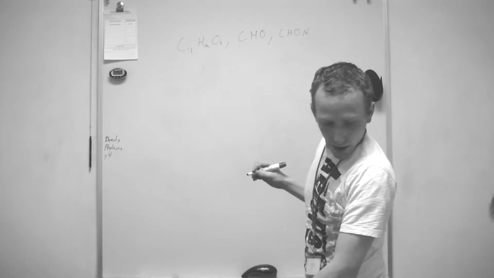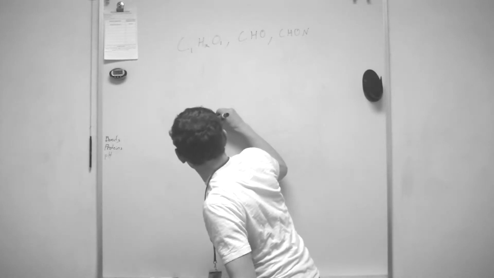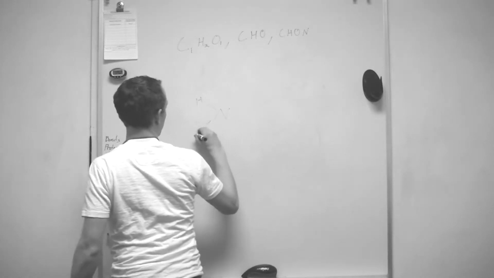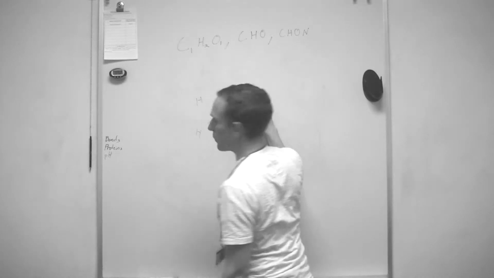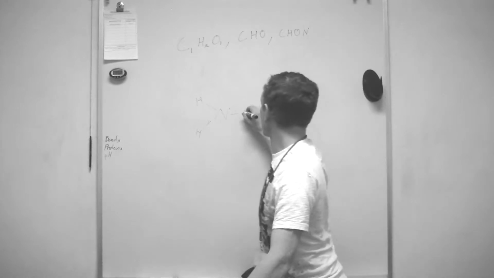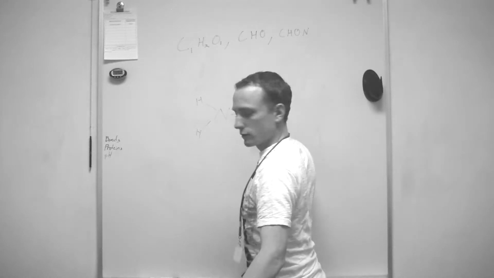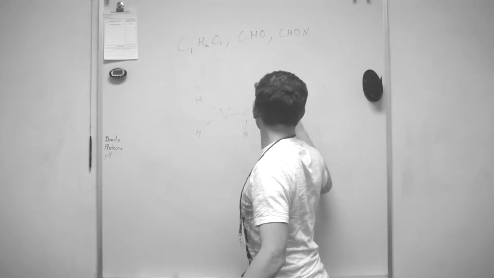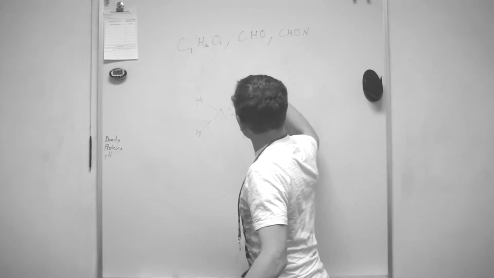An amino acid looks like this. You have 2 hydrogens on the nitrogen, and carbon in the middle with a hydrogen and an R group. And the carboxylic acid.